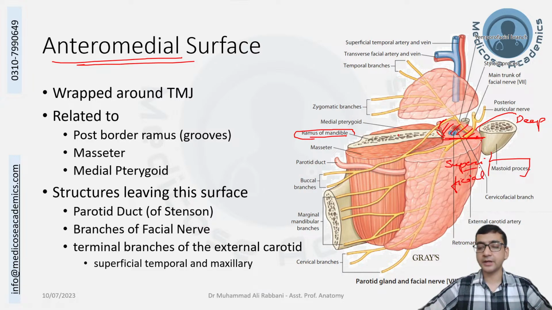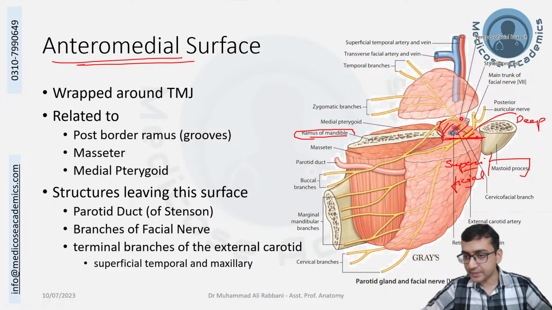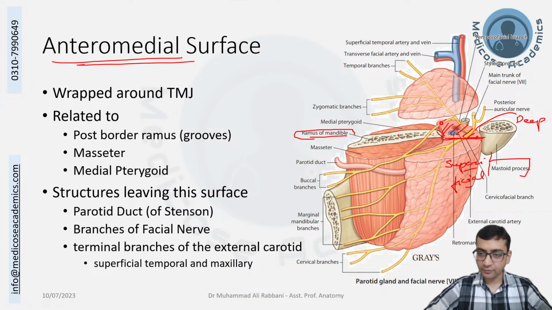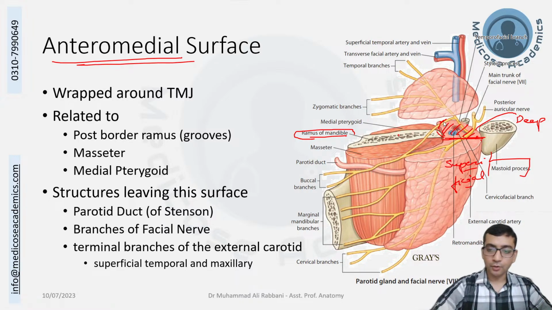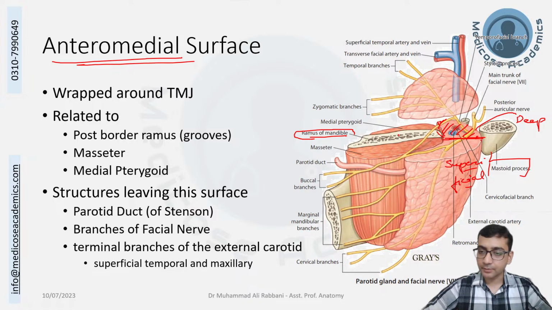There is no great anatomical or functional breakdown between the parts, so we usually don't mention it, but there is terminology used: the deep part and the superficial part of the parotid gland. The deep part is the part present between the mandible and the mastoid. When we talked about the anteromedial surface, we talked about the whole of this surface.